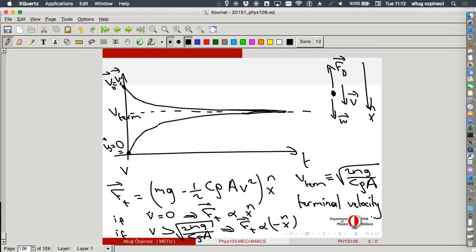If you leave an object, no matter what the initial speed is, and let it accelerate on its own under its weight, and if the only forces acting on the object are weight and the drag force, then no matter what the initial speed is, they will eventually reach this value, their terminal speed. That's the speed that they reach at the end of their motion. Eventually. That's what we call the terminal speed.